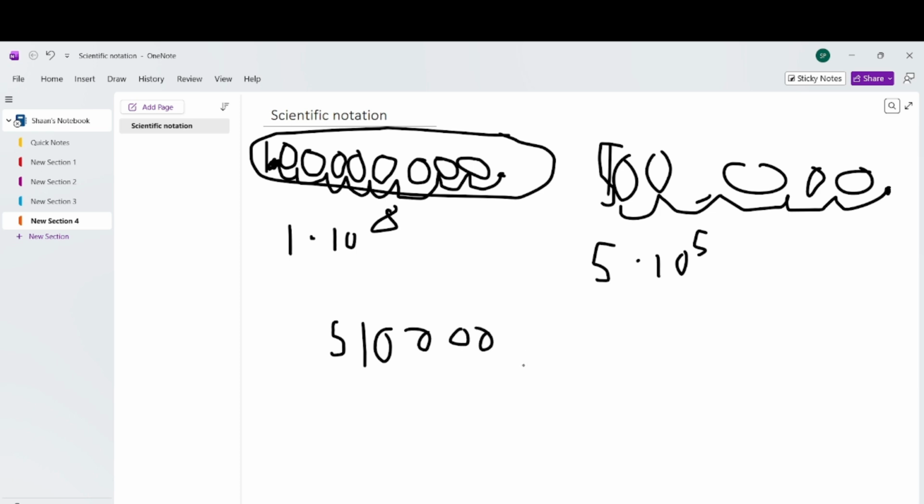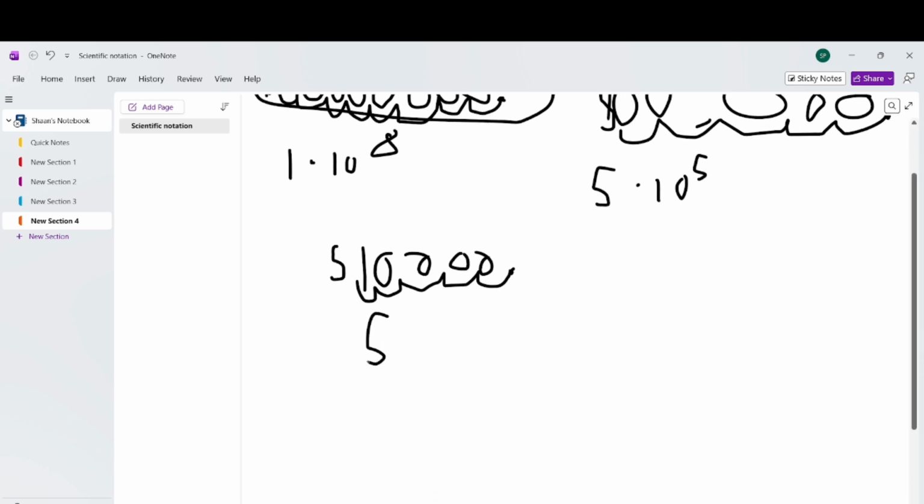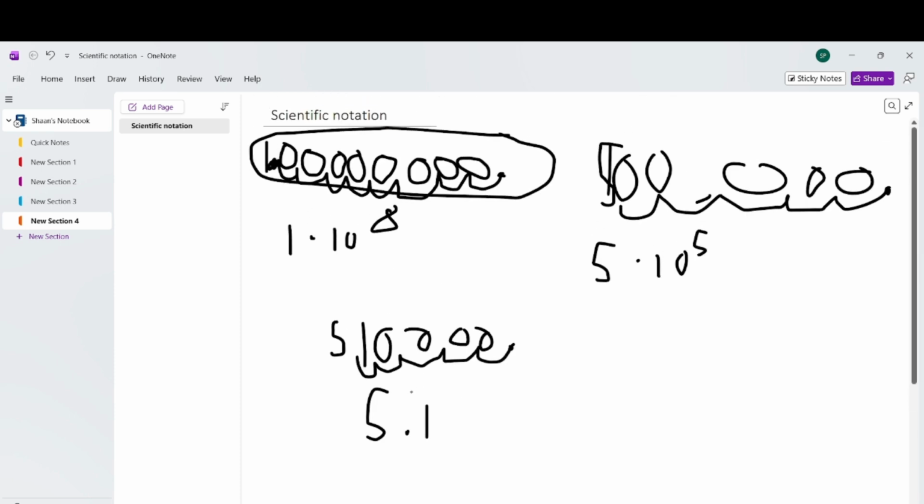But let's say you had a number like 5,100,000. Now the decimal point is still back here. We're moving up 1, 2, 3, 4, 5. We're still moving up 5 spaces. But instead of just writing 5, we're going to write 5.1, because there's also a 1 back here. It's not just 0. Because if it's 0, there's nothing we really need to put behind the 5, because there are always going to be zeros, like these zero decimals after this 5.